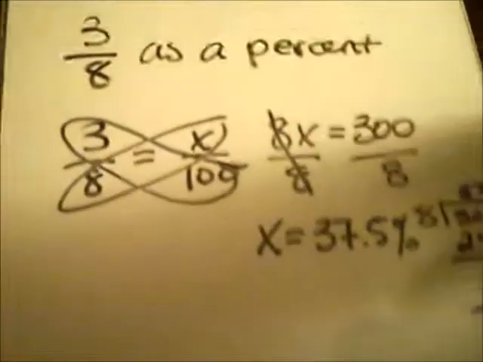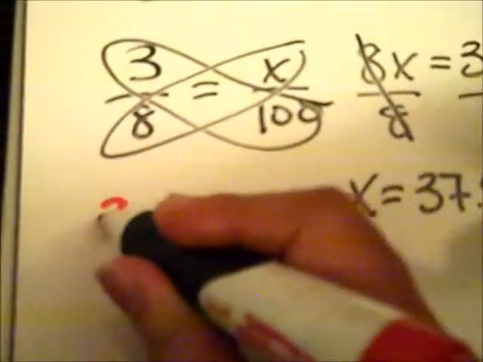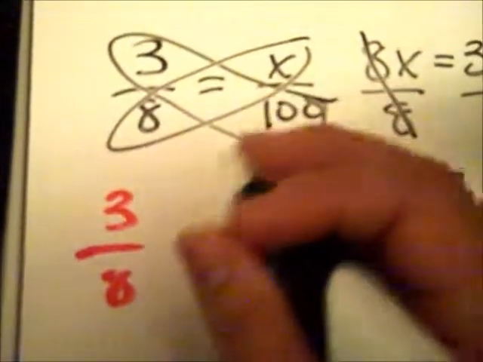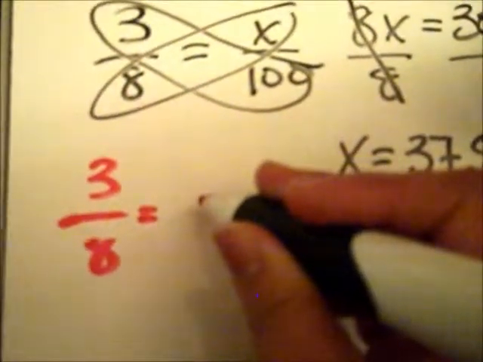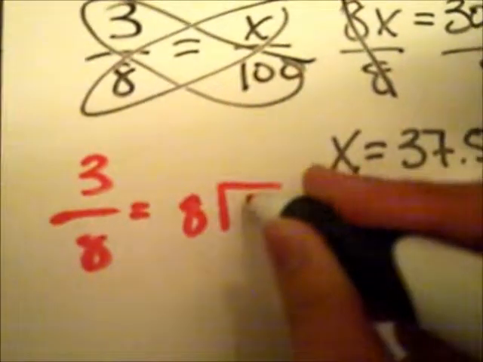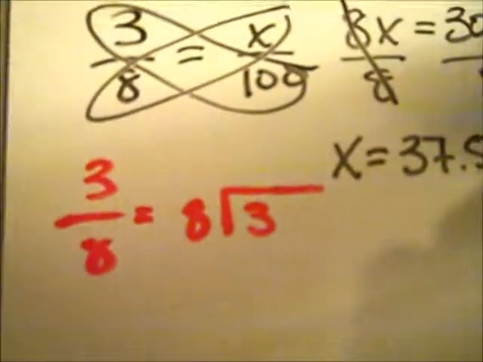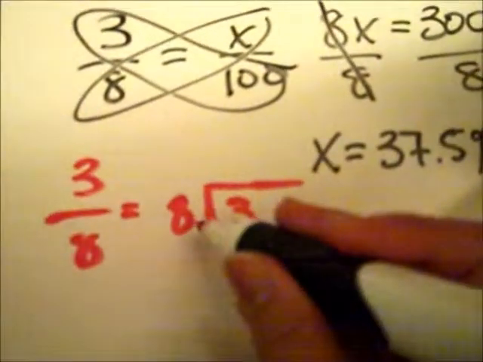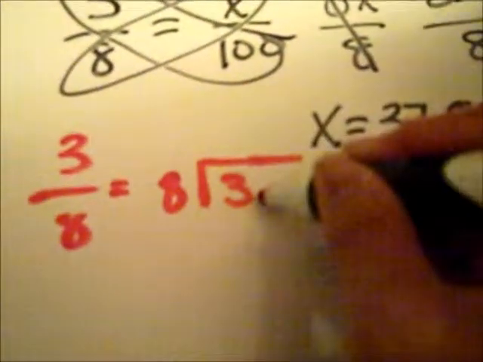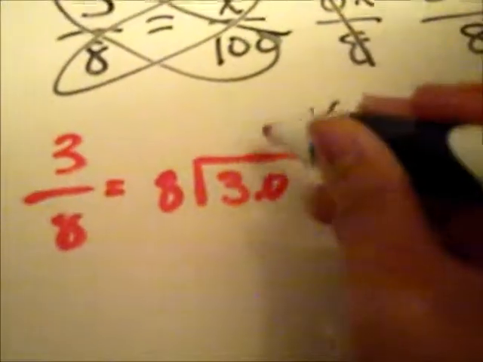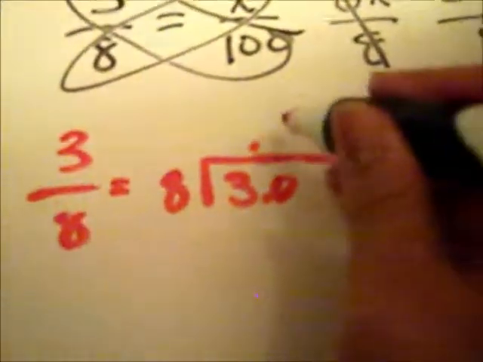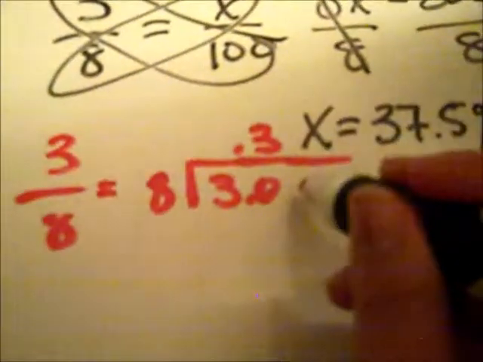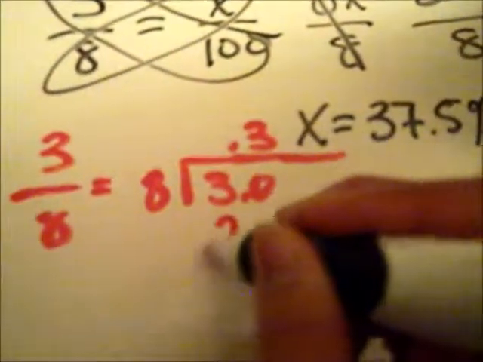Now the other way of doing this is just by switching the fraction into a decimal and then moving the decimal 2 spaces to the right to create a percent. So again, this is 8 divided into 3. 8 cannot go into 3, so we need to put a decimal and a 0 after. 8 can go into 30 3 times. 3 times 8 is 24.